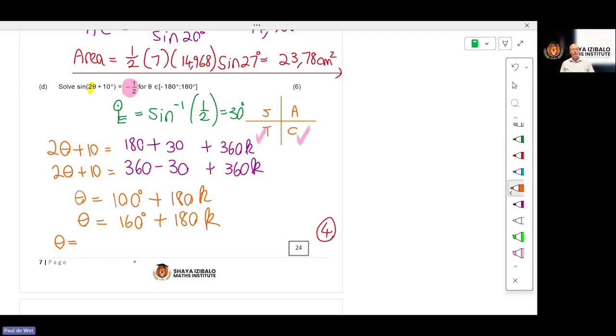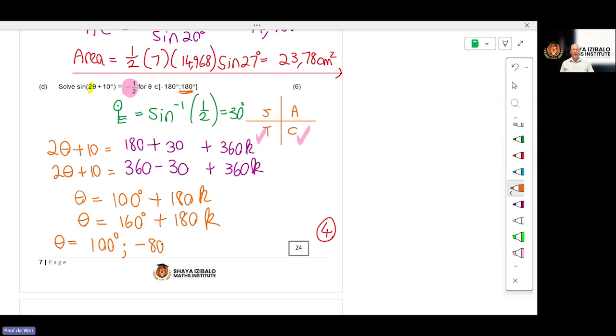Okay, so if K is 0, I get 100 degrees. If K is 1, I get 280 degrees. That's thinking I can't have 280 degrees. Can K be negative 1? If K is negative 1, what answer do I get? 100 minus 180?